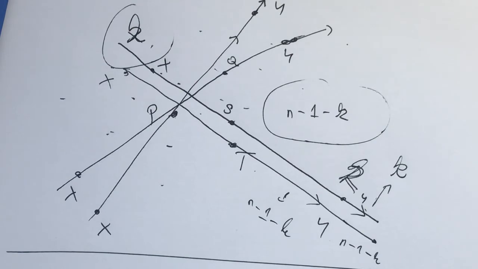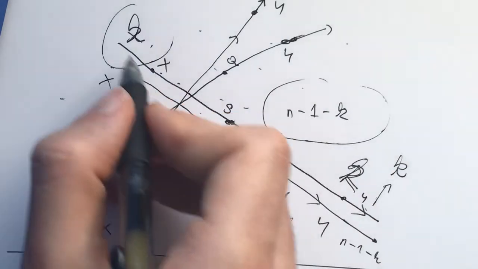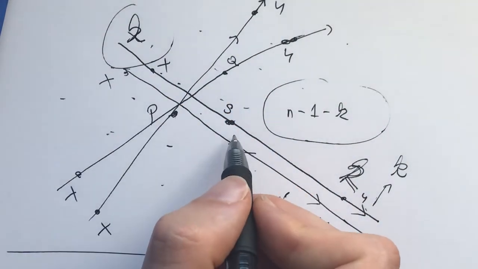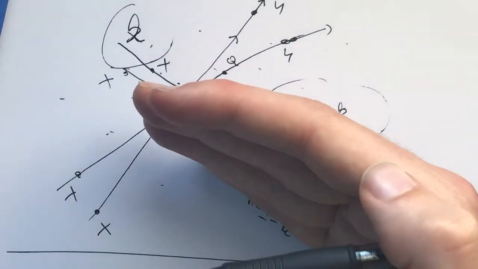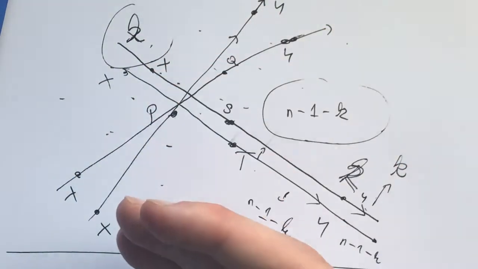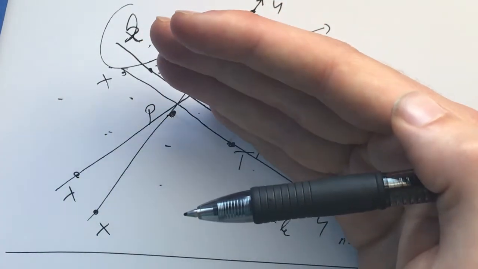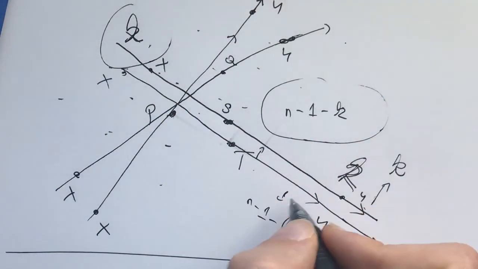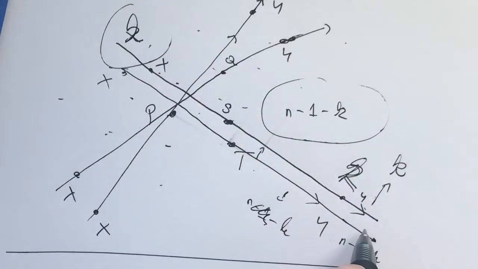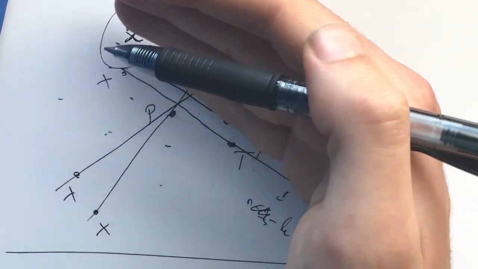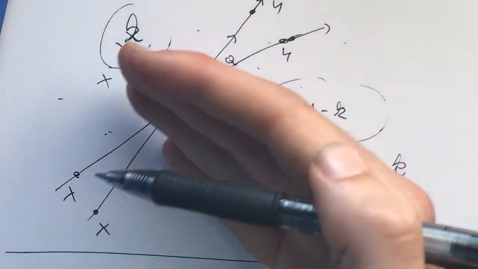And the answer is no, because if we draw these parallel lines and S is to the left of T, then as we move this parallel line, we are adding points to the right side of xy. When we move it here, we added a point to the right side. Now it has n minus k points as soon as we move from T, and it keeps increasing. The number of points to the right side of this line xy keeps increasing.